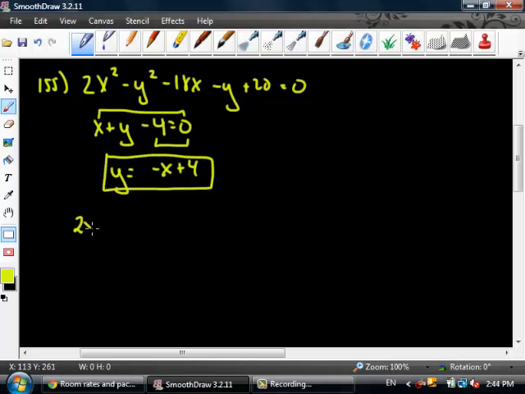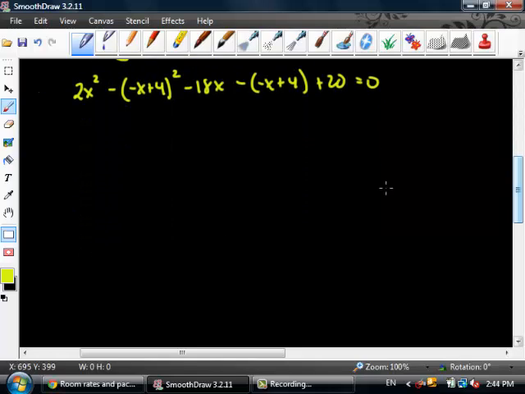So it's going to look like 2x squared minus (negative x plus 4) squared minus 18x minus (negative x plus 4) plus 20 equals 0. So far, so good? We just plugged everything in. Now I'm going to do arithmetic just like last time. So it's going to be 2x squared minus, this quantity is going to be x squared minus 8x plus 16, minus 18x.